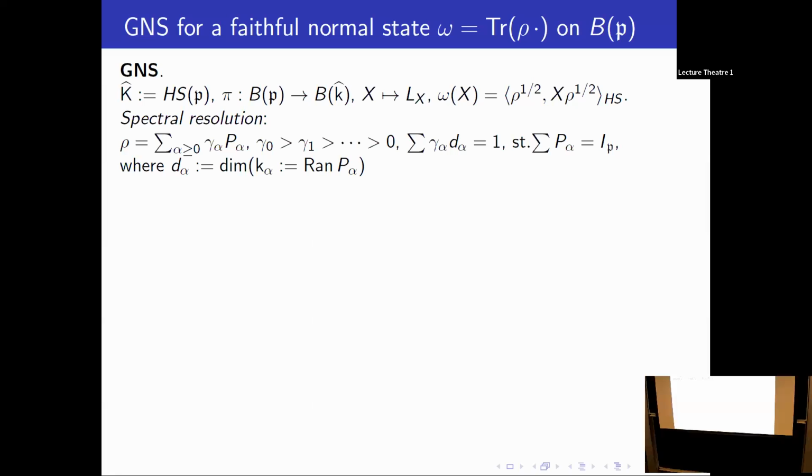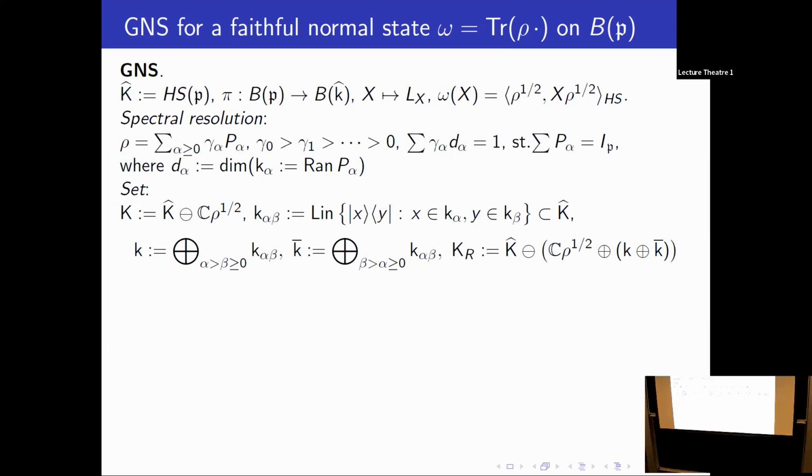So take the spectral resolution of the density matrix here, and now call K hat the GNS space, which is the class of Hilbert-Schmidt operators on the particle algebra. And now I'm moving in the other direction, taking off the one dimension generated by the square root of the density matrix, which is a Hilbert-Schmidt operator.